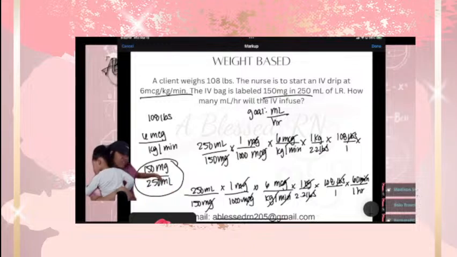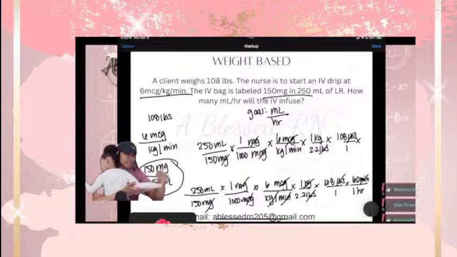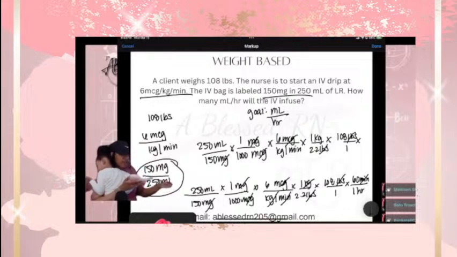Okay, so this is when the calculator trick really comes in handy, y'all, because this probably is going to be a long number. So 250 times 6 times 108 times 60, divided by 150, divided by 1,000, divided by 2.2, and that's going to be 29.45. So we rounded 29.45 to the nearest whole number.